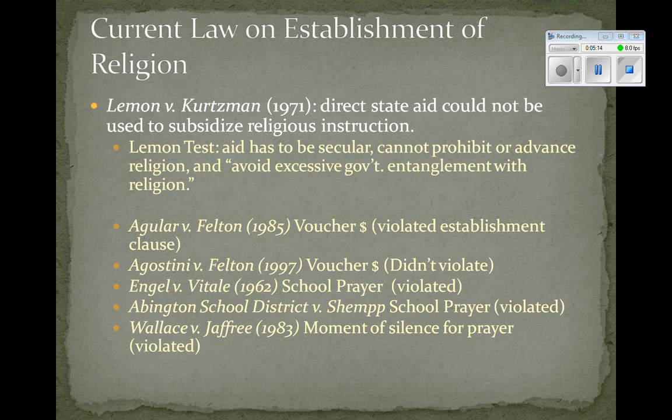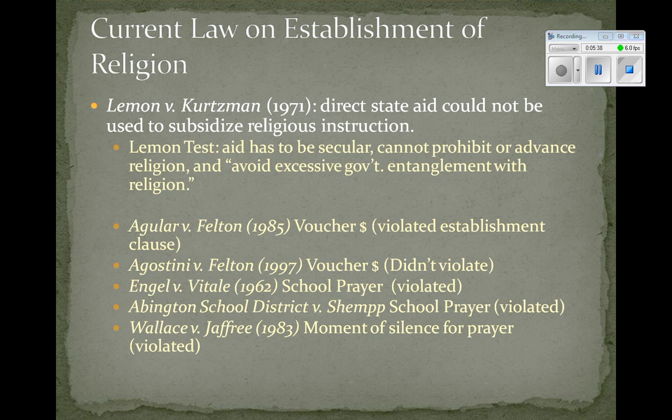So after 1971, Lemon versus Kurtzman, a lot of cases have come up in a lot of different subject areas. One is Aguilar versus Felton, which was related to the voucher money that was given to the public school system to pay for students to actually go to religious private schools.